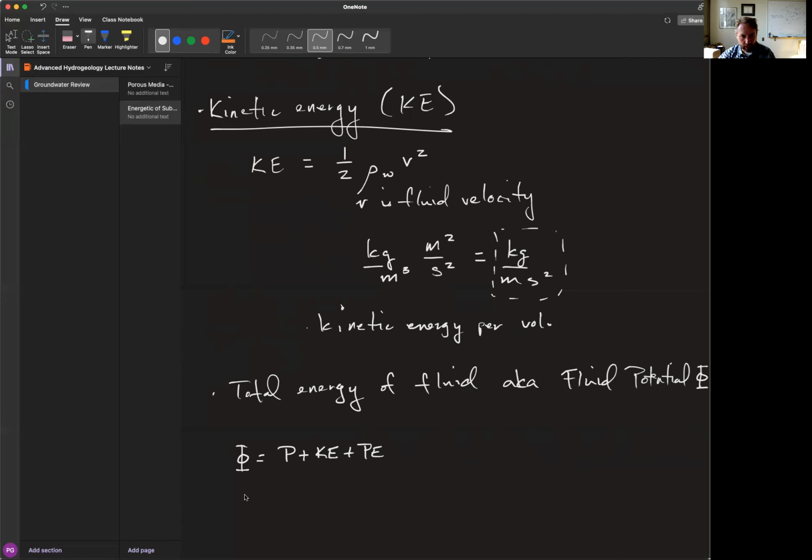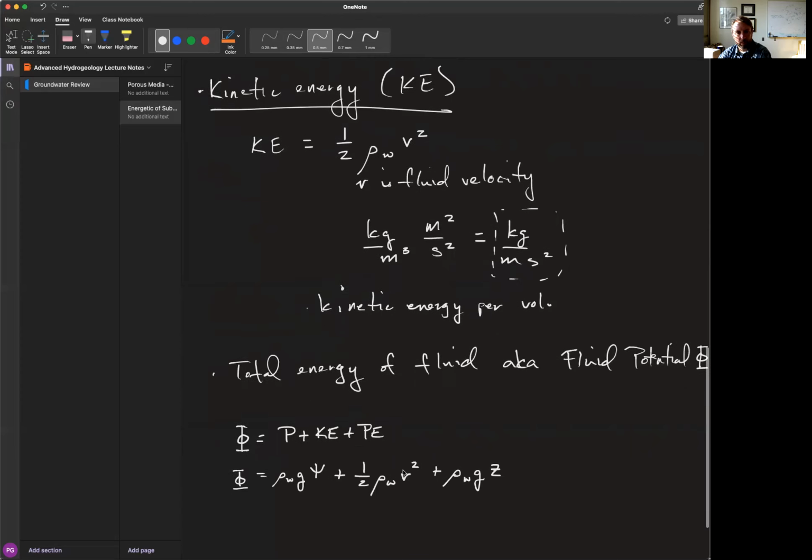All right, and so I can expand this. Phi equals rho water g psi, where psi is the height of the fluid above our point, plus one half rho water V squared, fluid velocity, plus rho water g z, where z is the height of the fluid above some datum.